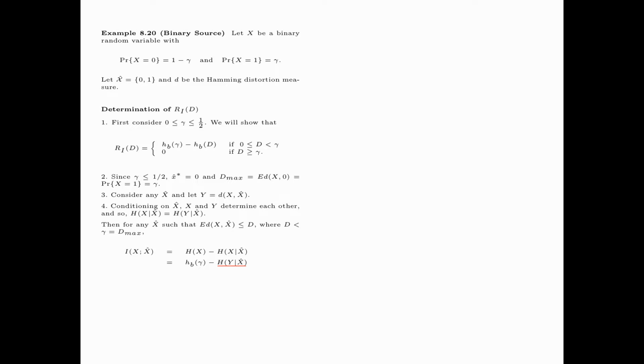Now the entropy of Y given X hat is upper bounded by the entropy of Y, so with the negative sign, we obtain the lower bound h_b(gamma) minus the entropy of Y.